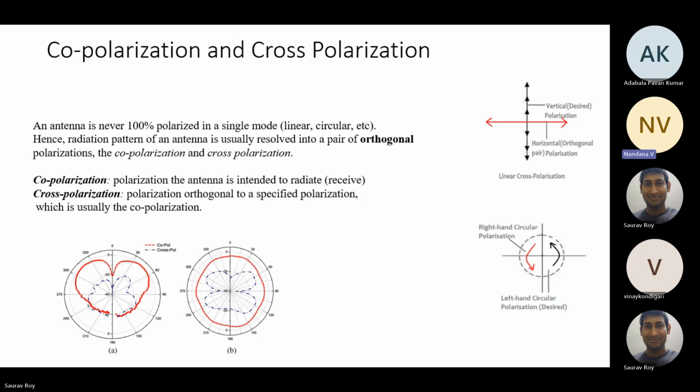Can you tell me how you measure this co-pole and cross polarization? Generally, what do you measure in an antenna radiation pattern? Okay, so now let's see.